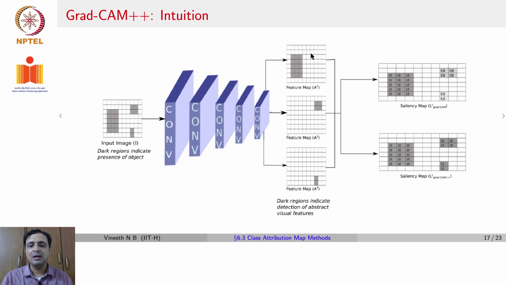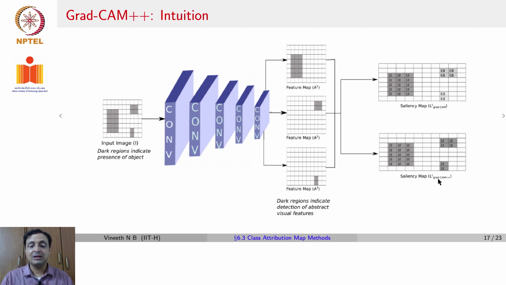So each feature map, let's assume, captures each of these objects. And you see here that in Grad-CAM, when the saliency map gradients are computed, the area with the largest footprint ends up getting most of the gradient, while the gradient towards the rest of the pixels are smaller because they have fewer pixels and hence contribute lesser towards the output.